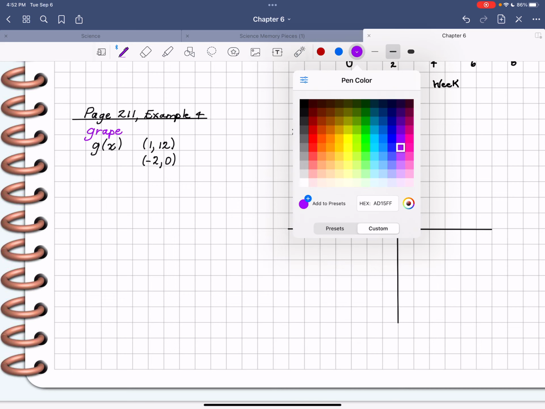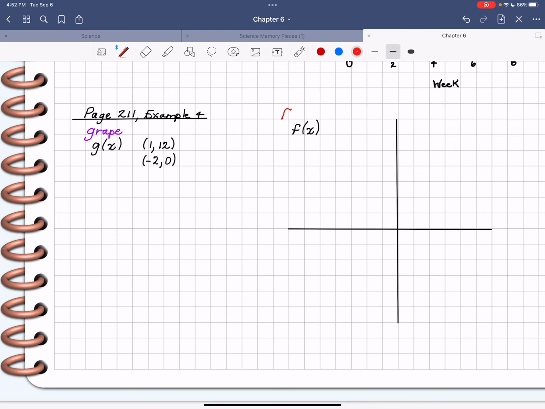And then this one we called the fruit punch function. So if those notations bother you, use labels that are not scary, things that you encounter every day. So G for G of X, F for F of X. I'm going to call them grape and fruit punch, and we'll get to the same answer. It doesn't have to be scary.